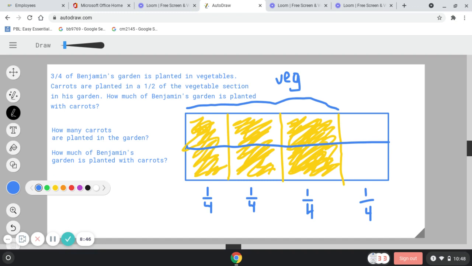Okay, so half of the vegetable section in his garden is going to be carrots, right? So half is going to be this part. And I'm just going to shade it so that you can see.